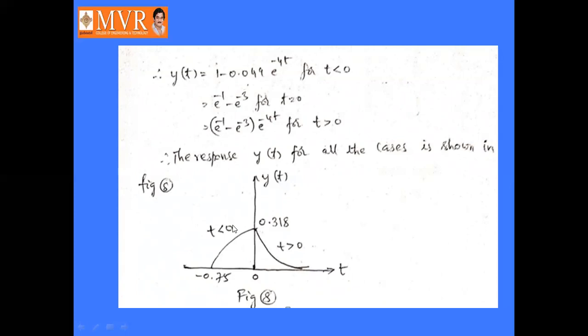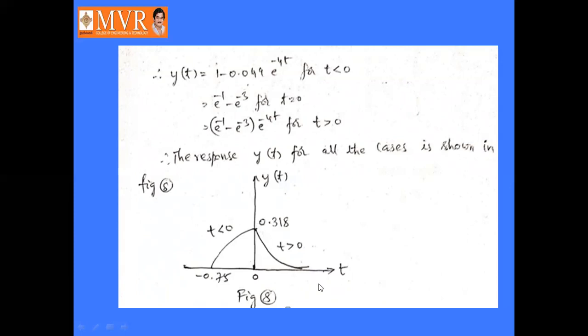See here, for t less than 0 the graph varies from minus 0.75 to 0, exponentially growing. At t equal to 0, its value is 0.318.